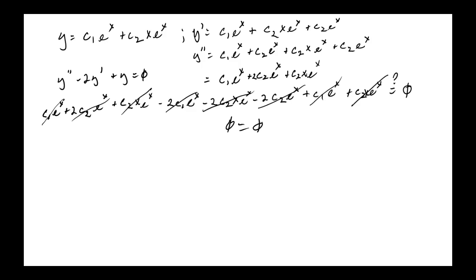The solution curves in red, green, and blue, of the particular solutions, y is equal to 5x e to the x, and that would be when C1 was 0 and C2 was 5, or y equal 3e to the x, that would be when C1 was 3 and C2 is 0, or y is equal to 5e to the x minus 2x e to the x.